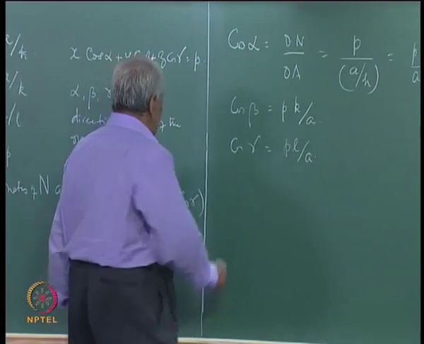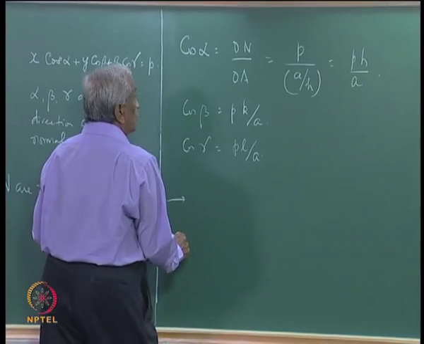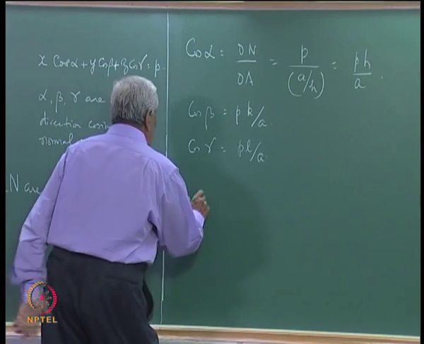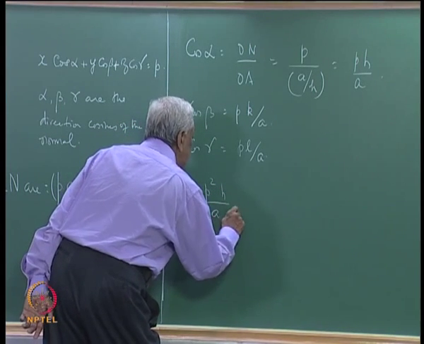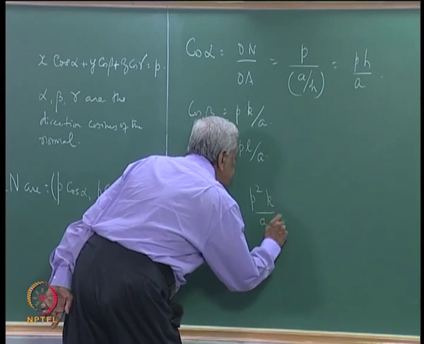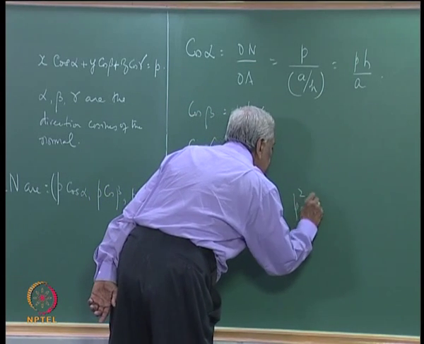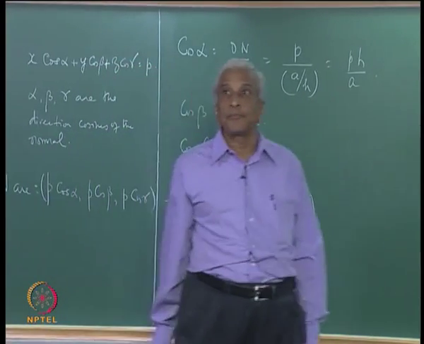So, substituting for cos alpha, cos beta and cos gamma, these coordinates become p square h by a, p square k by a and p square l by a.